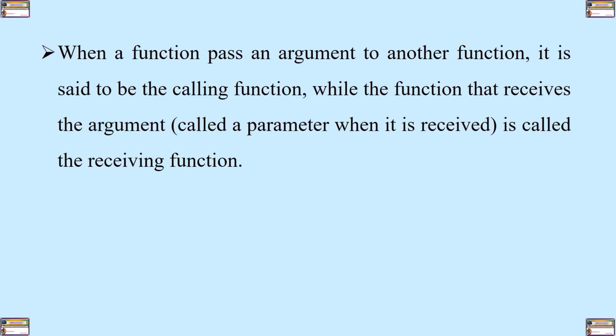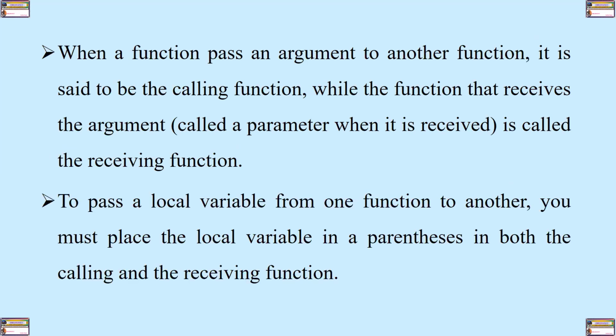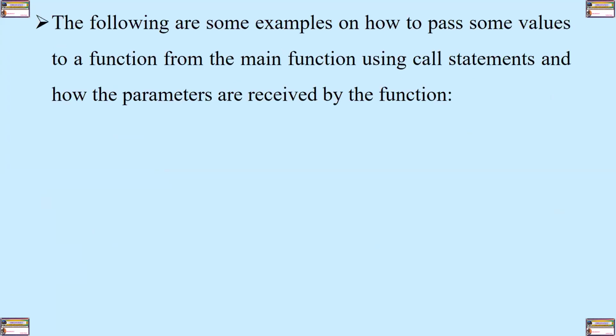When a function passes an argument to another function, it is said to be the calling function, and the function that receives the argument, called a parameter when it is received, is called the receiving function. To pass a local variable from one function to another, you must place the local variable in parentheses in both the calling and the receiving functions, just as we have seen and as we are going to see.